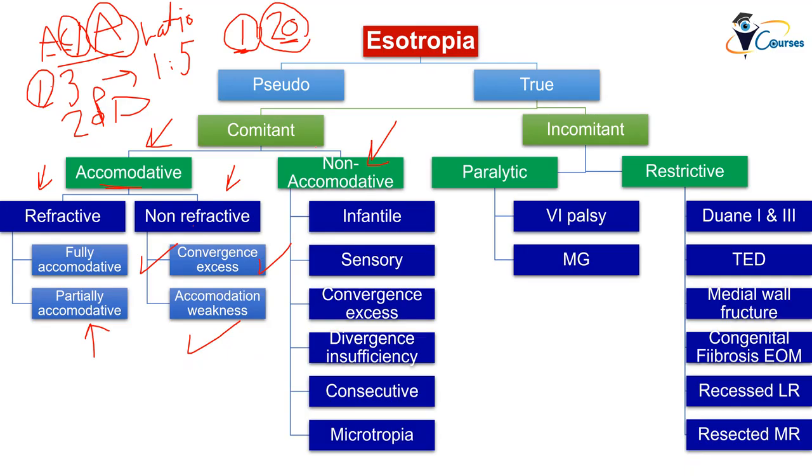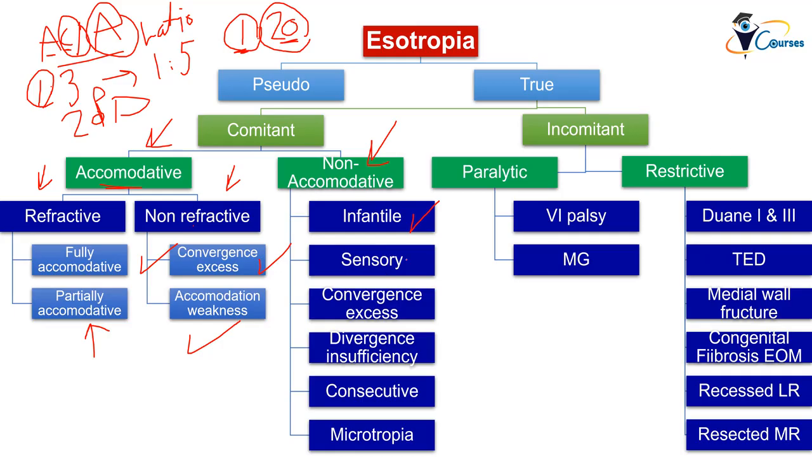Regarding the other subcategory of the comitant esotropia, we have the non-accommodative esotropia. The non-accommodative esotropia is due to causes not related to the accommodation or refraction. So there is no problem at all for those patients in this regard. This can be due to infantile esotropia. Those patients tend to develop this esotropia in the first 6 months of life.